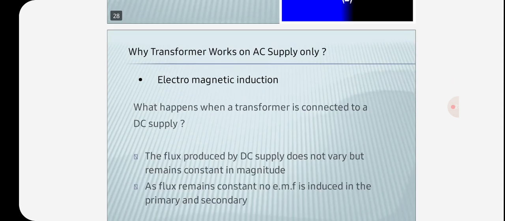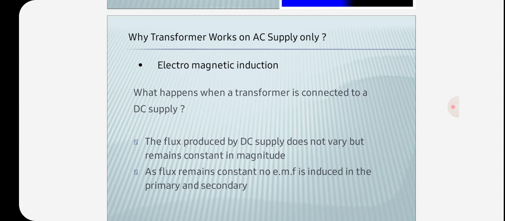Next, why does a transformer work on AC supply only? What happens when a transformer is connected to a DC supply? When the transformer is connected to a DC supply, the primary will draw a steady current and hence produce constant flux.